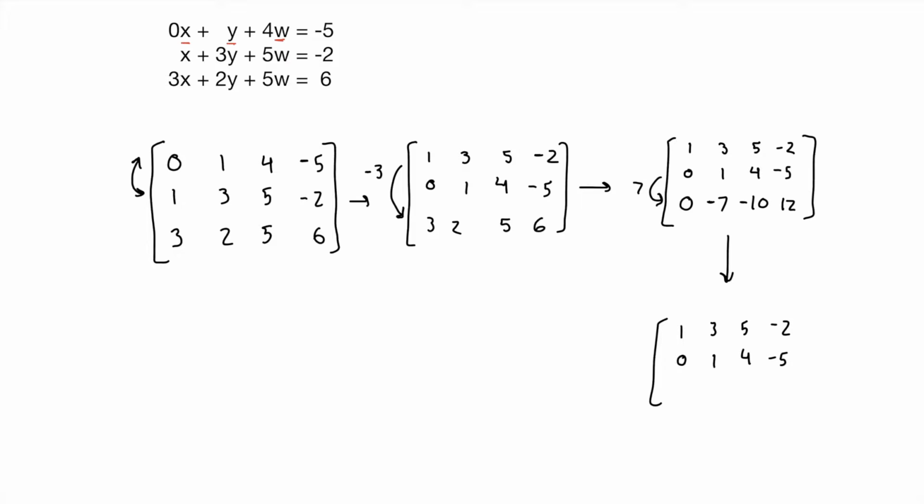The last row becomes 0, 0, because 7 times 1 is 7, plus negative 7 is 0. Then 7 times 4 is 28, plus negative 10 is 18. And then 7 times negative 5 is negative 35, plus 12 is negative 23.